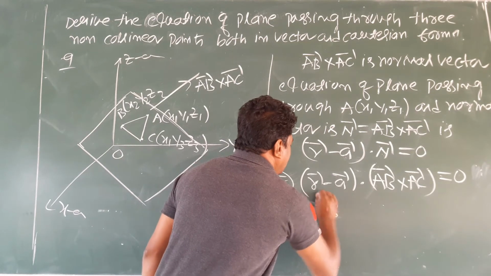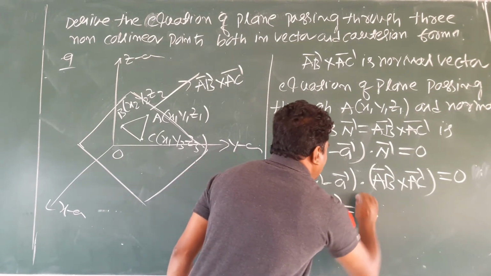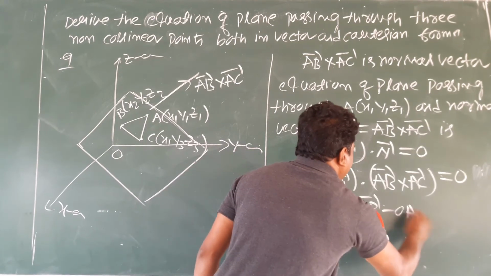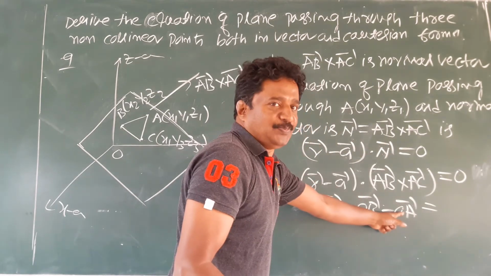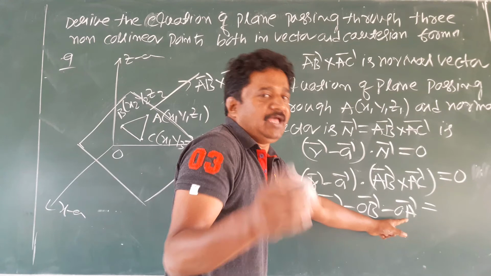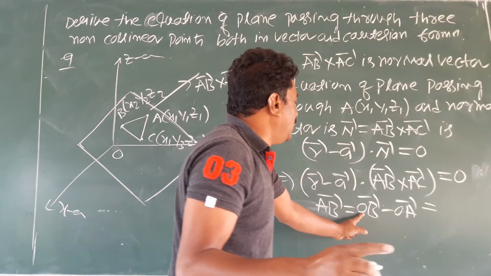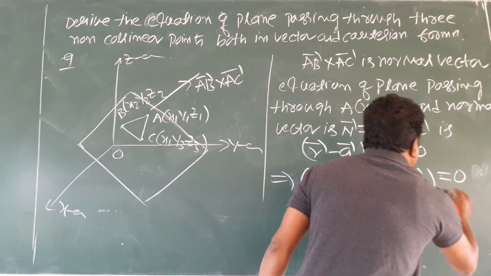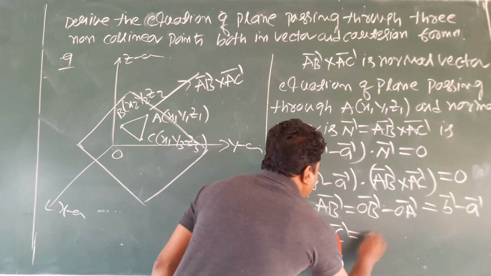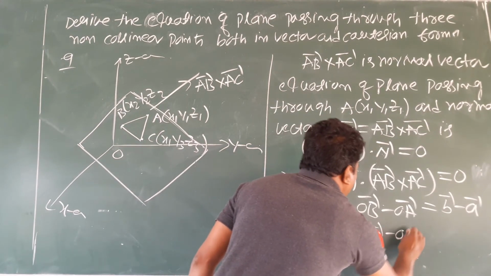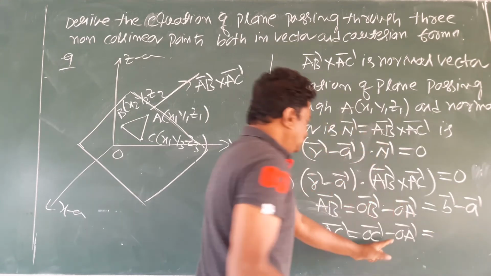AB means OB minus OA. OB means point B, OA means point A. How do you represent point A? Vector A. How do you represent point B? Vector B. So B minus A. AC, what is AC? OC minus OA.